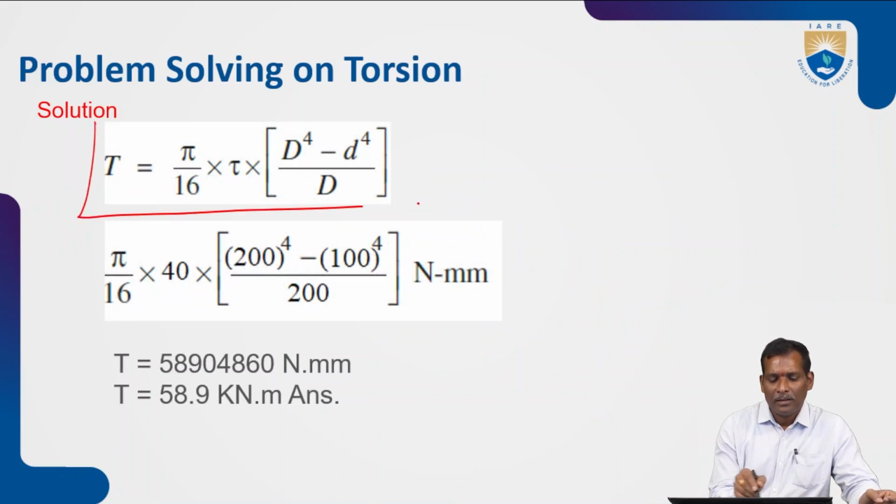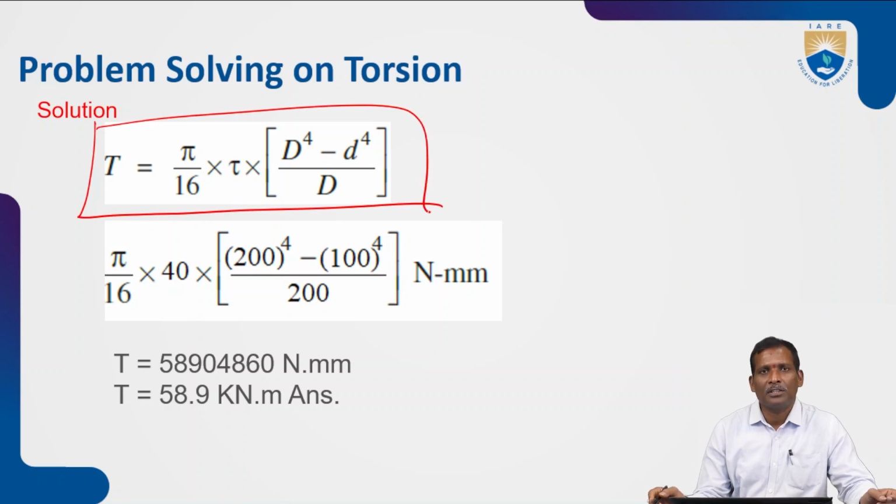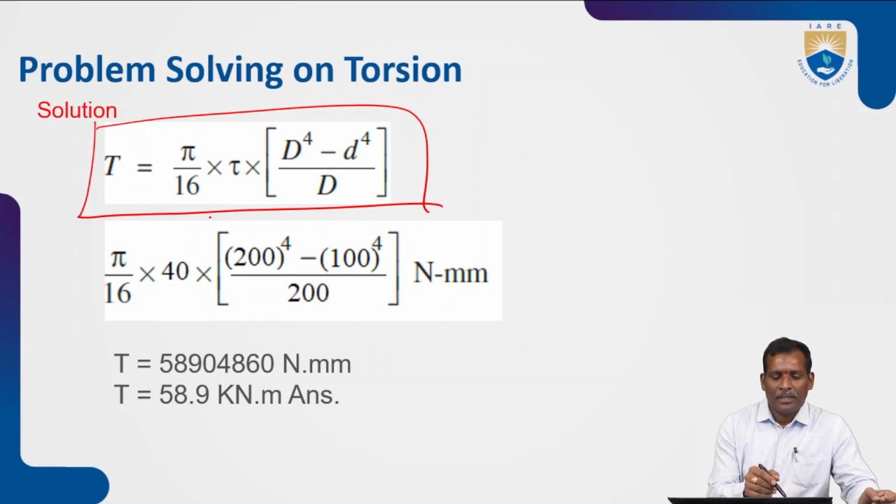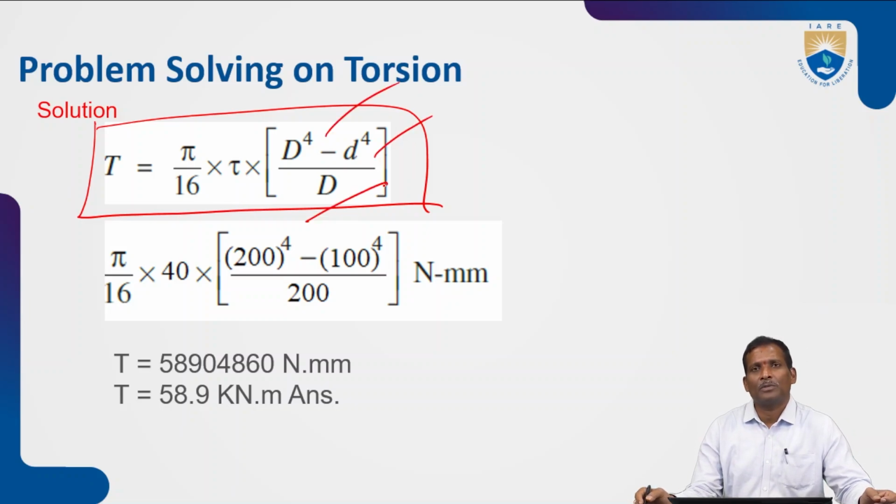So here T is equal to pi by 16 into tau into capital D to the power of 4 minus small d to the power of 4, divided by D. So here pi by 16 into tau, external diameter available, internal diameter, and substitute those values in this.